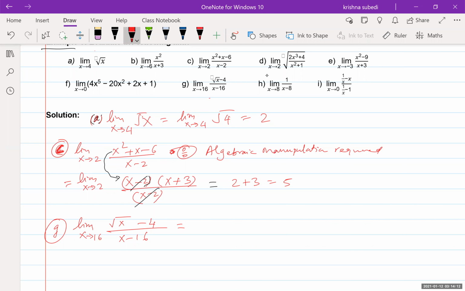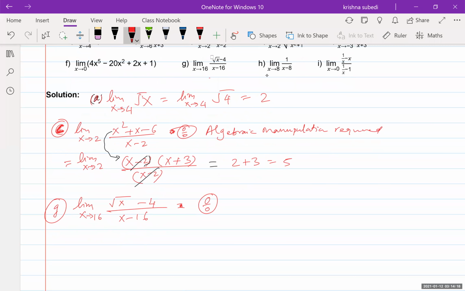So if you plug in the value directly, you're going to get 0 over 0. That means we have to do some algebra, and the easiest algebra would be this way. We can write x minus 16 as square root x squared minus 4 squared.